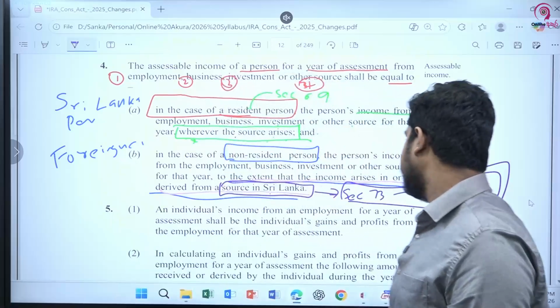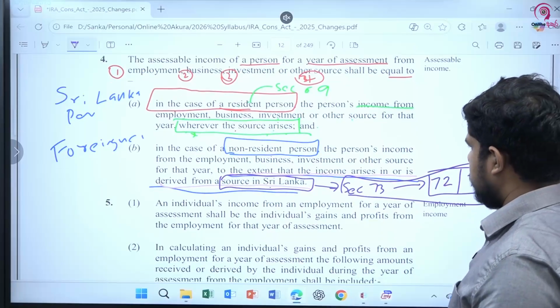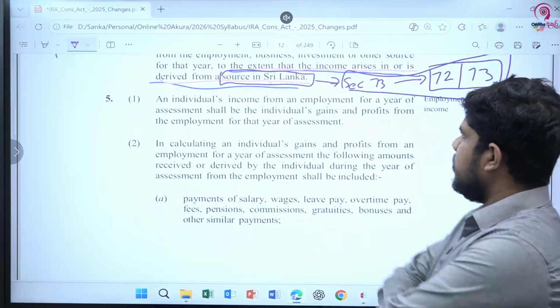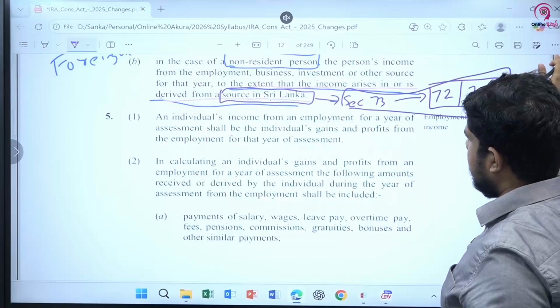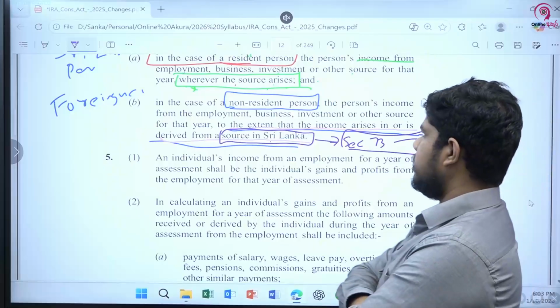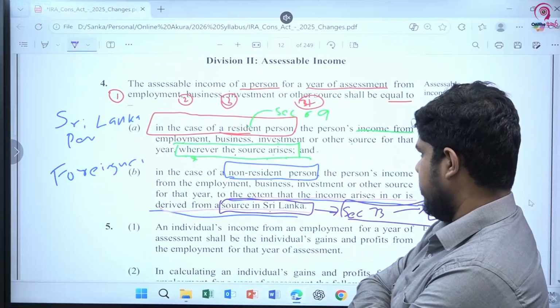Now let's go to section 5, right? Before that, we'll understand section 69. It defines who is resident and who is not a resident. Who is resident and who is not a resident is defined under section 69.